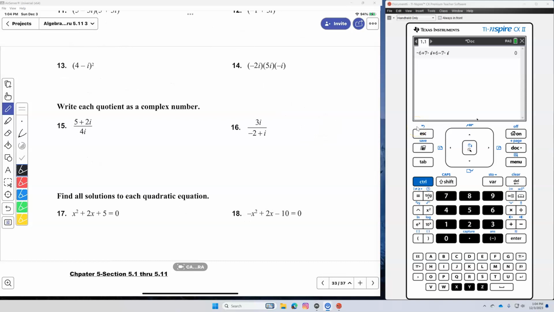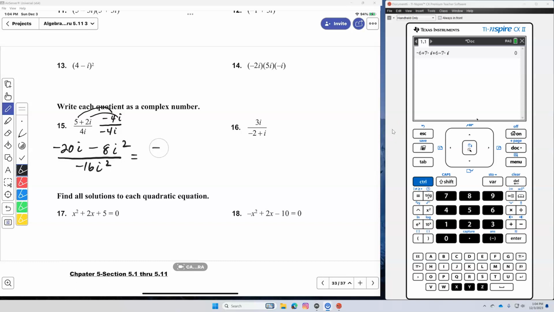Write the quotient as a complex number. So for 4i, you're going to have to multiply by the conjugate, which is negative 4i over negative 4i. So 5 times negative 4i is negative 20i. Negative 4i times 2 is negative 8i squared, divided by 4 times negative 4 is negative 16i squared.